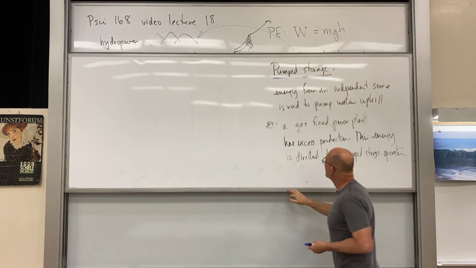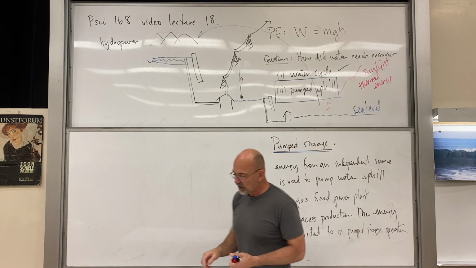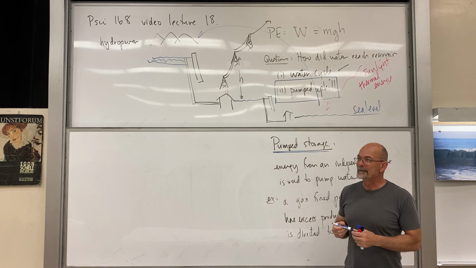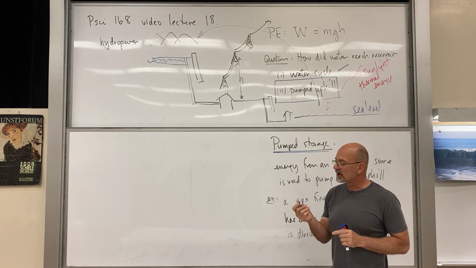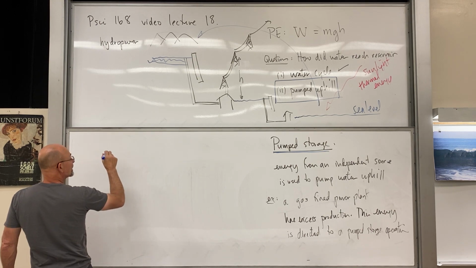Okay, so what I'm going to mention now and go through is the hydropower project on the North Fork of the Kings River. Okay. So here's where you want to start.